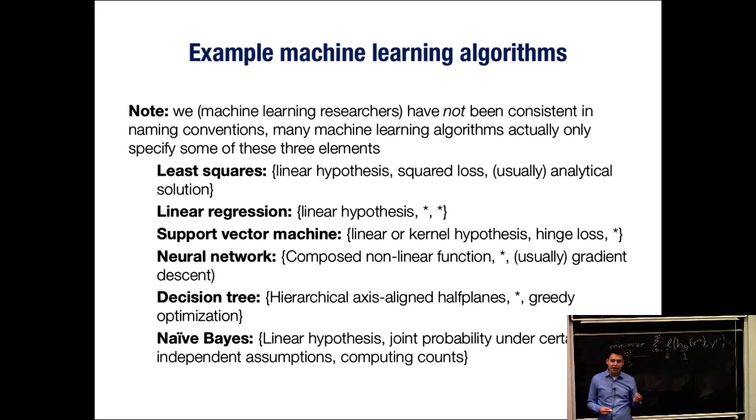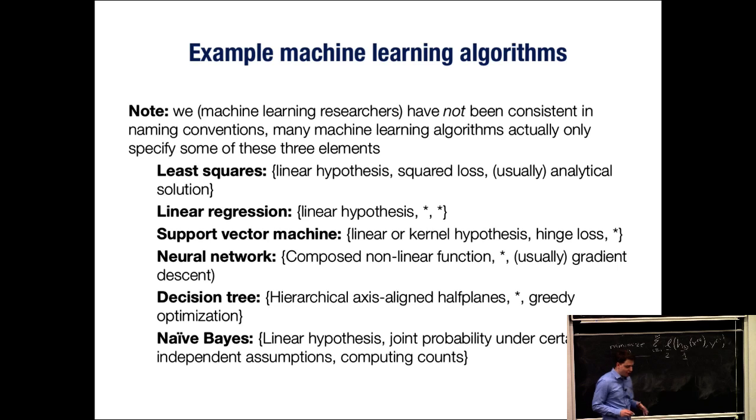But it's more common, actually, just as people talk, to have this notion of machine learning algorithm actually only refer to some of these things. And others are left kind of up to whatever people want to do. They're oftentimes kind of implied, but they are oftentimes left free to the practitioner, which causes a lot of confusion when people describe what algorithm they use for a machine learning task, because sometimes they're actually not being precise enough.